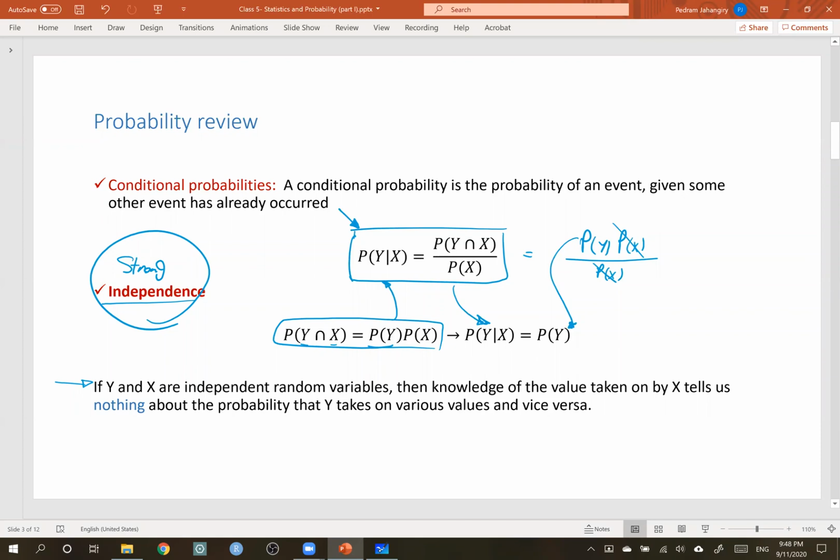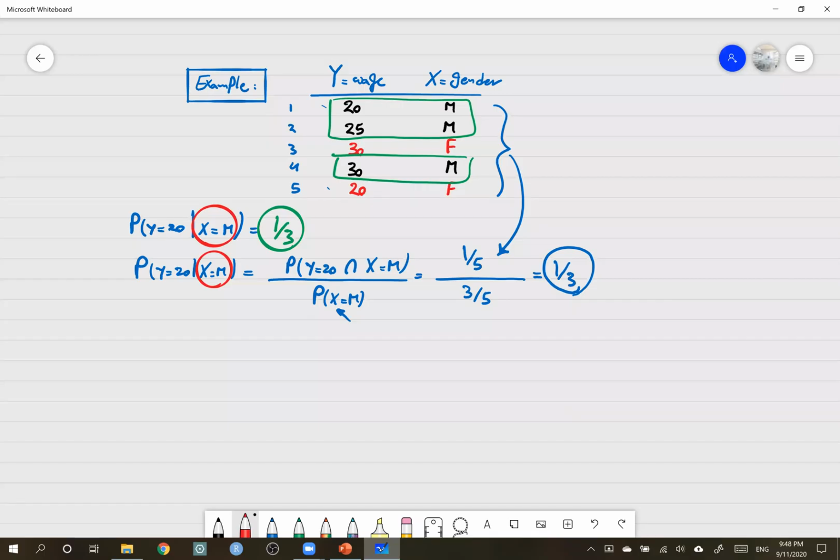Now let's see what strong independence is, continuing with our example. Question number 1 that we are going to explore is: are X and Y independent? And remember, when I say independent, I mean strongly independent.